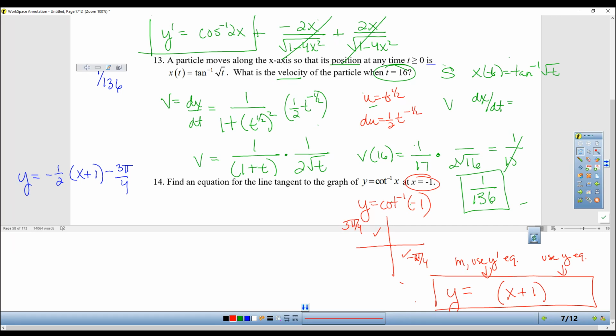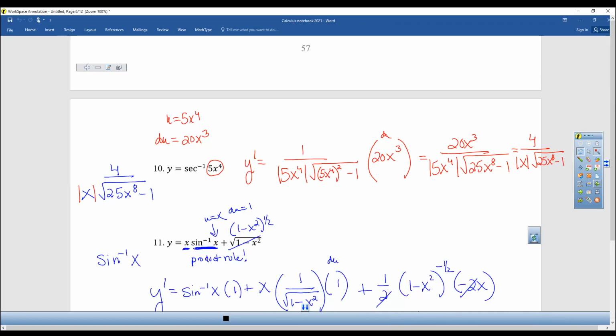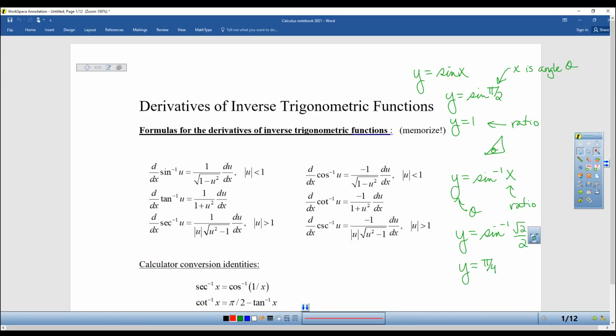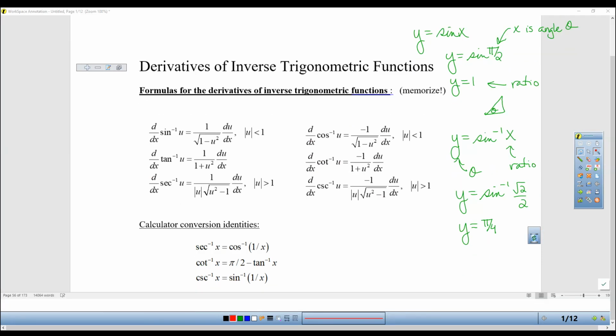So way back at the beginning, there is a formula just for that because they don't expect you to remember. If you have to do inverse cotangent of -1, no one's going to remember that. So instead, you can do inverse tangent of -1 and then just subtract from pi-halves.